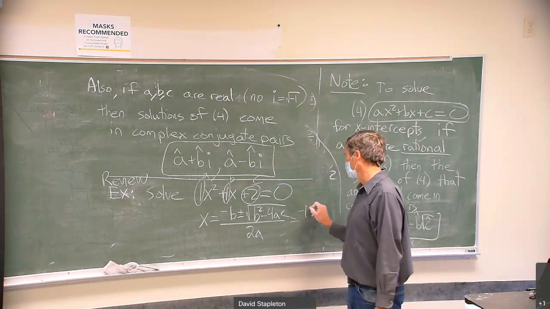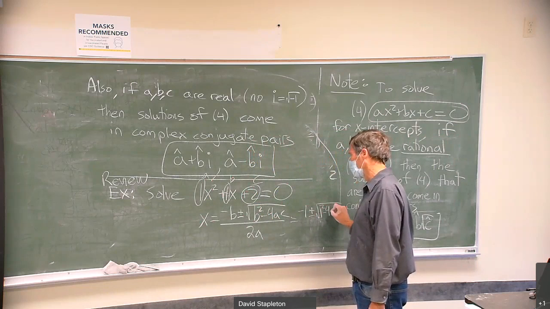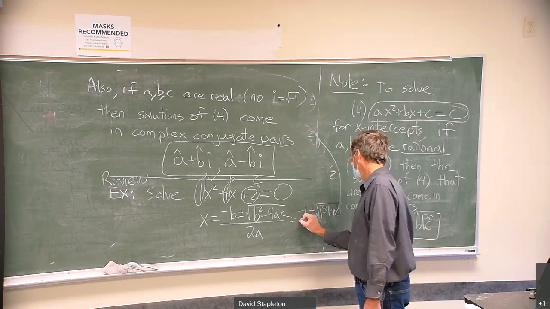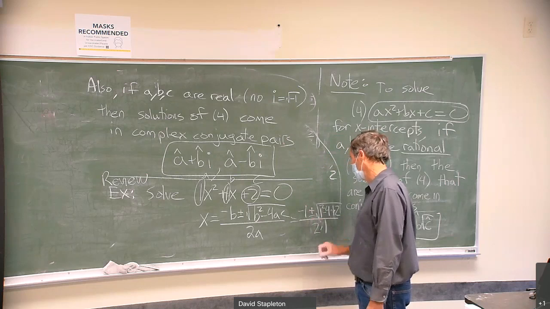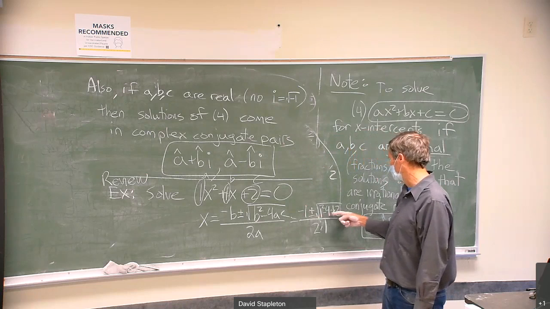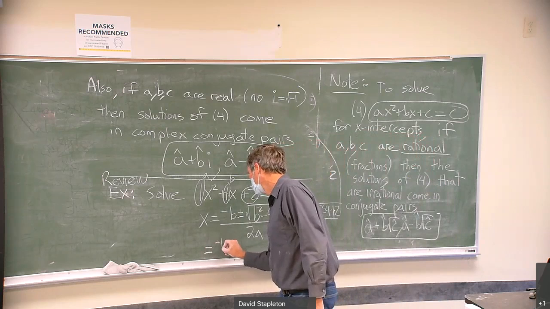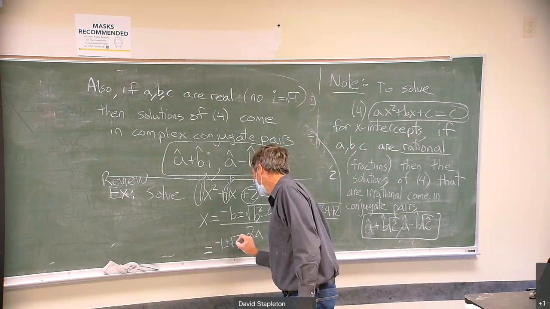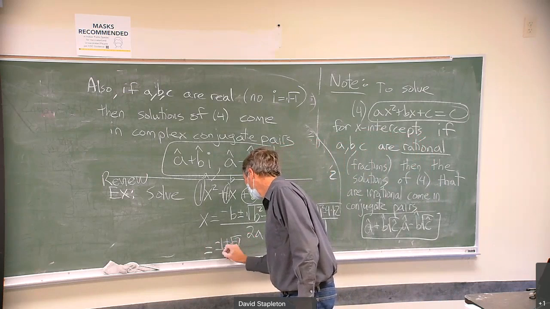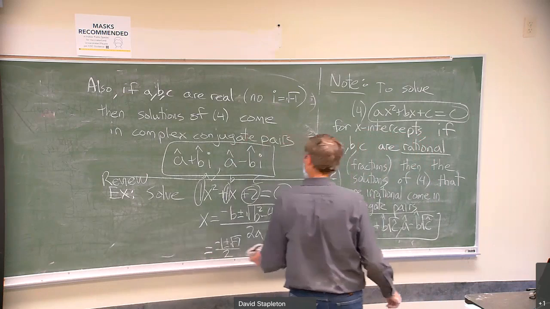So it's minus 1 plus or minus square root of 1 squared minus 4 times 1 times 2, all over 2 times 1. And the solutions are minus 1 plus or minus square root of minus 7 over 2. Those are the solutions.